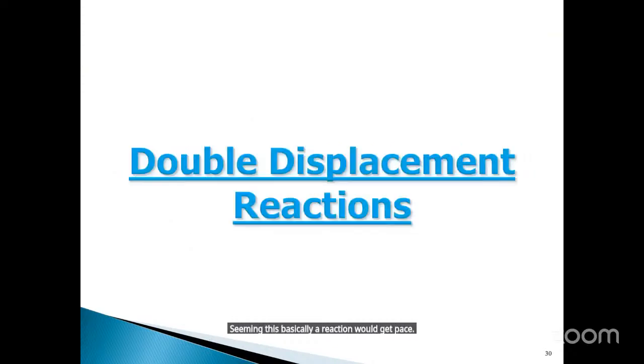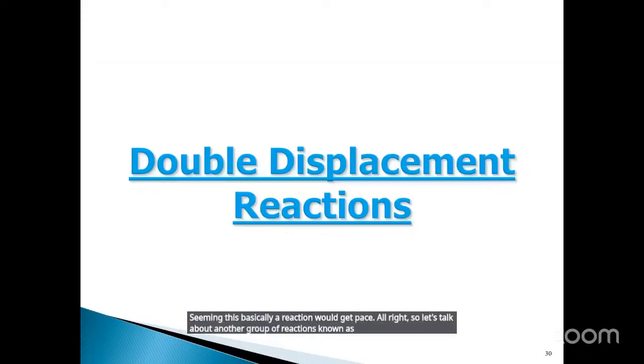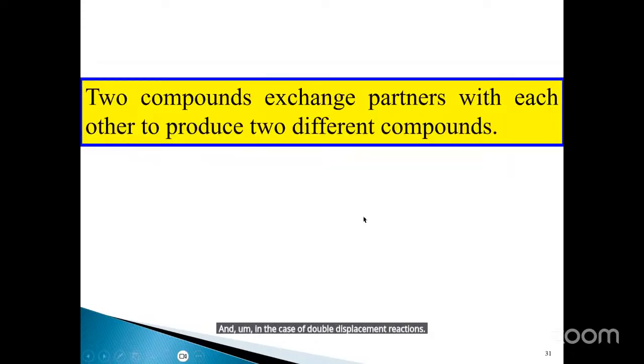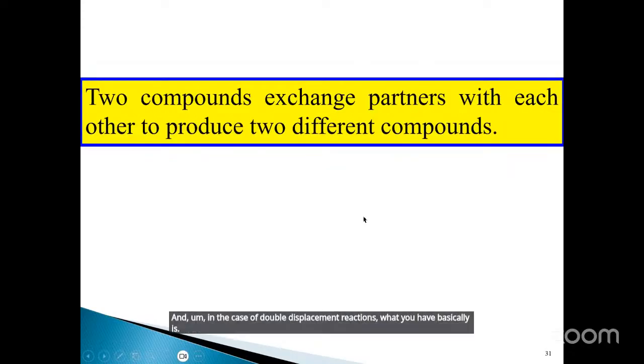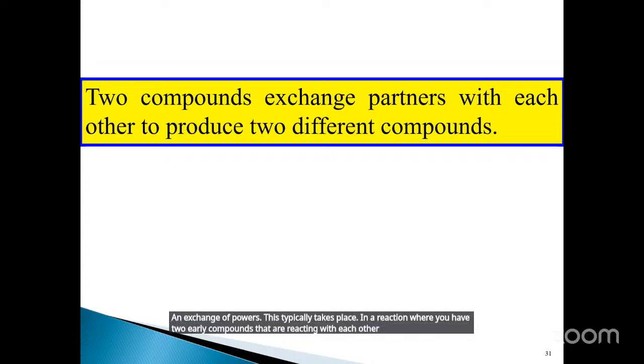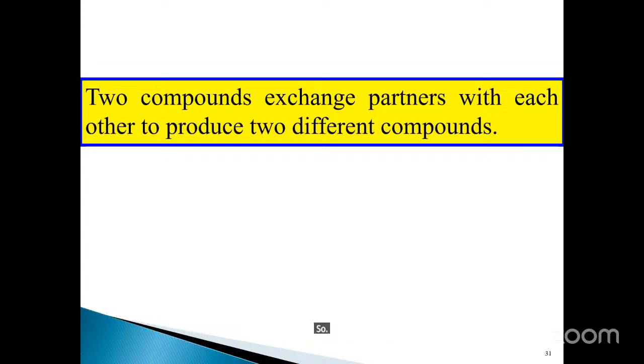All right, so let's talk about another group of reactions known as double displacement reactions. In double displacement reactions, you have an exchange of partners. This typically takes place in a reaction where two ionic compounds react with each other. You all know that ionic compounds contain ions, one positive, one negative.